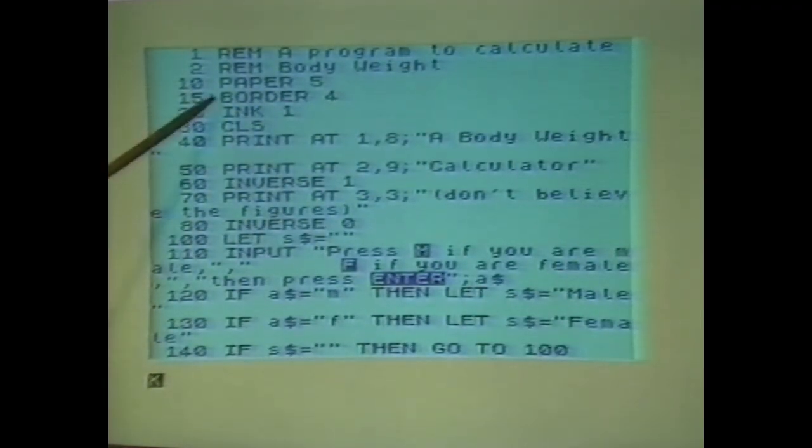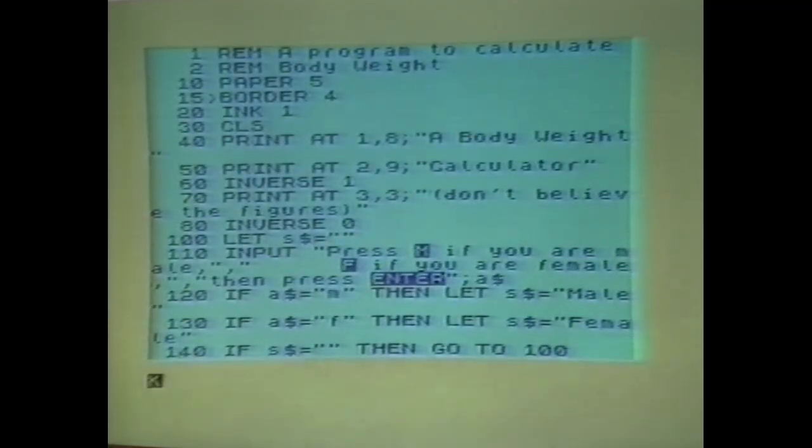But if we look back to the list of instructions, we now have number 15, border 4. So that new line of BASIC, that new statement, has been put into our program, and the place it's been put has been controlled by the number we gave it, its line number. 15 comes between 10 and 20, and so border was put between paper and ink.